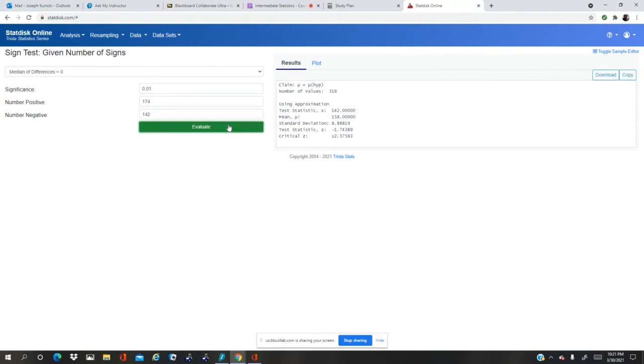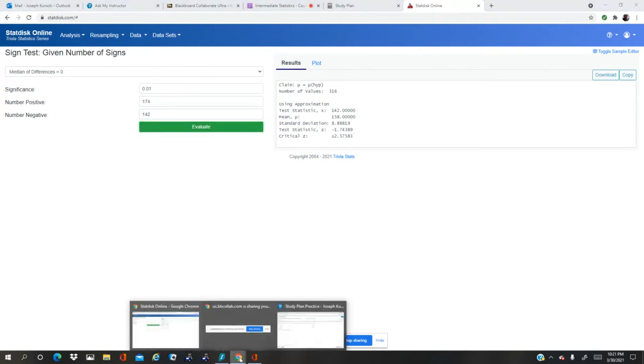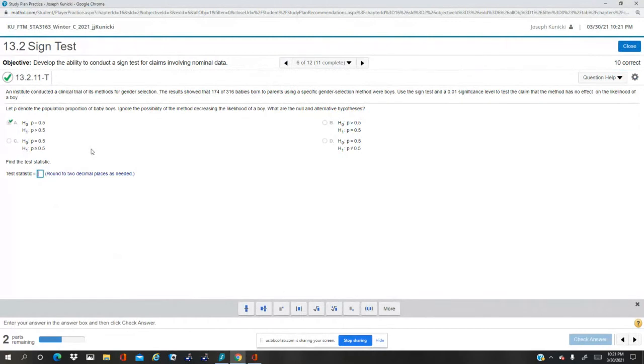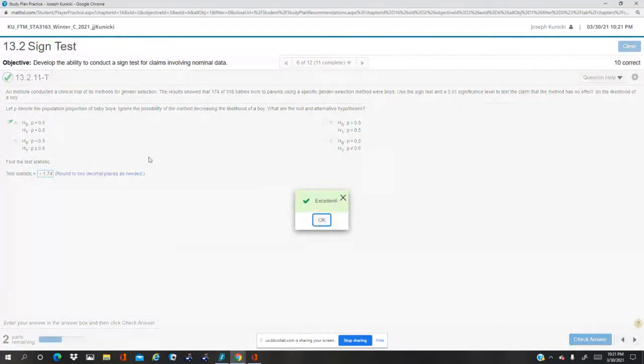I think they want the Z though, so we'll go back to the problem. And to two decimal places it will be minus 1.74. Okay, that's what they wanted, the Z.